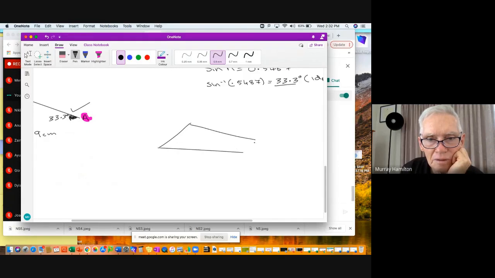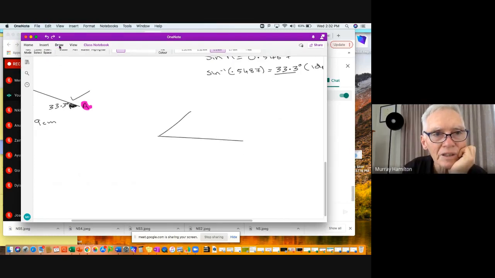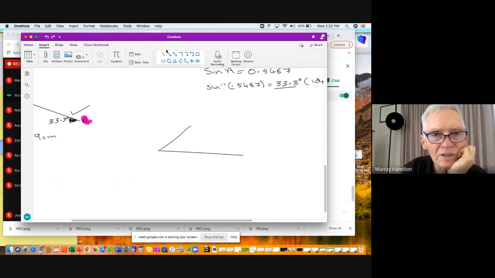It's not a very good triangle. I have to use a straight line. It's really hard for me to draw straight lines here. Probably all laughing. It's not a line either. There we go.